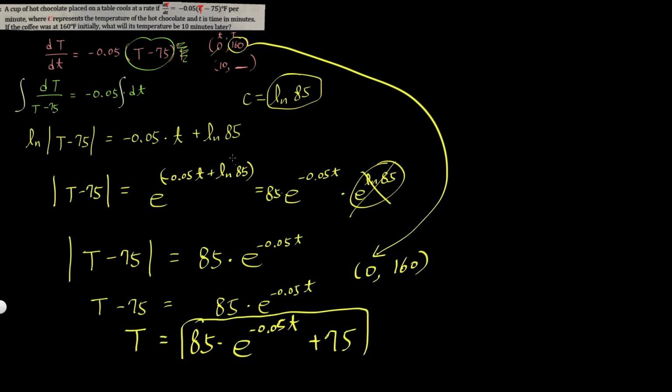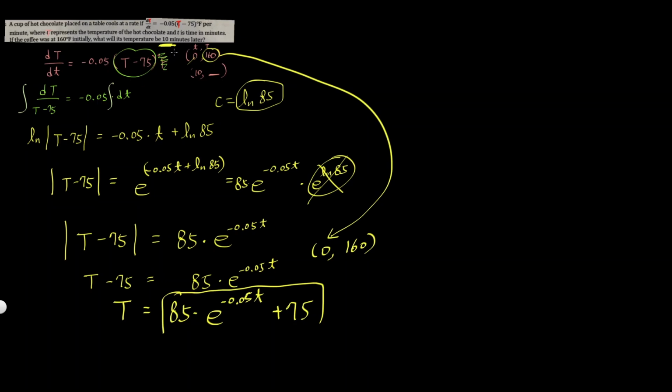This is the equation to find what the temperature of the object, in this case the hot chocolate, will be after t minutes. For 10 minutes later, all we need to do is plug 10 into little t and figure out the hot chocolate temperature. So T of 10 is going to be 85 times e to the negative 0.05 times 10, and then we're adding 75 to it.